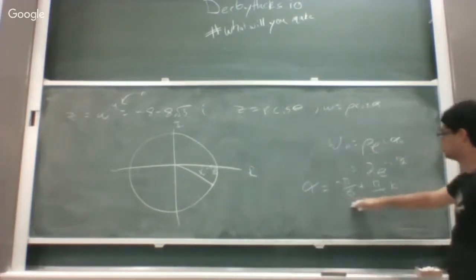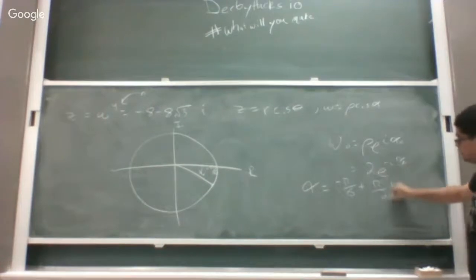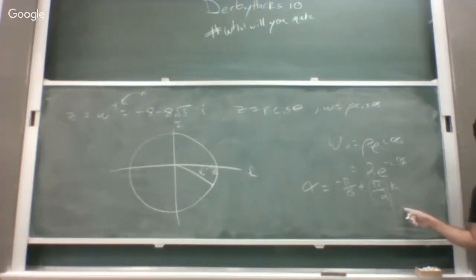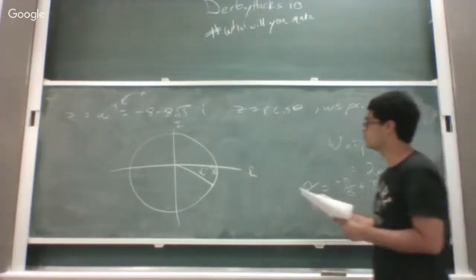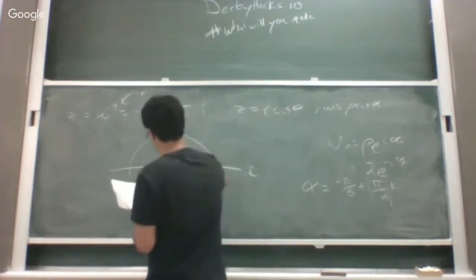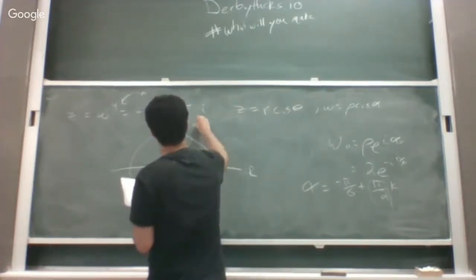So our alpha value changes by pi over 2, by 90 degrees in this case. It could be different. So in this case, we have pi over 2. So then our next point will be at 90 degrees to this, and that will be W1.